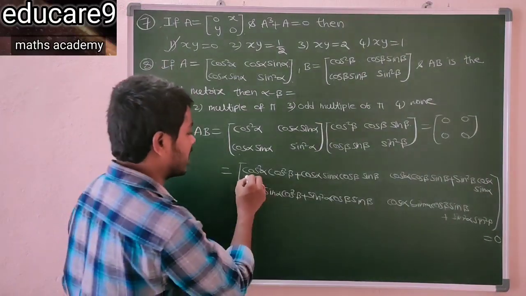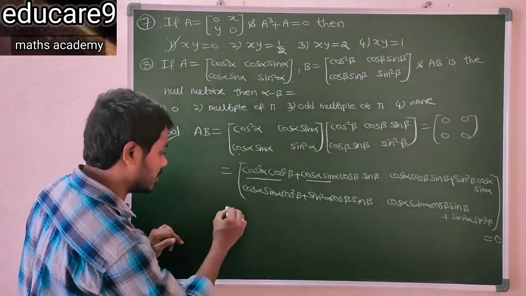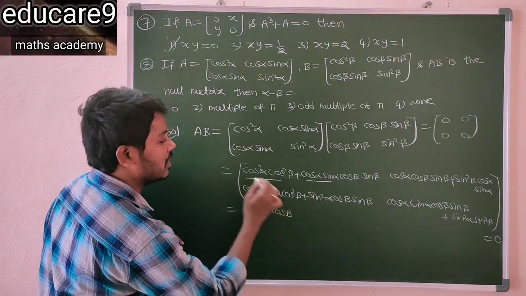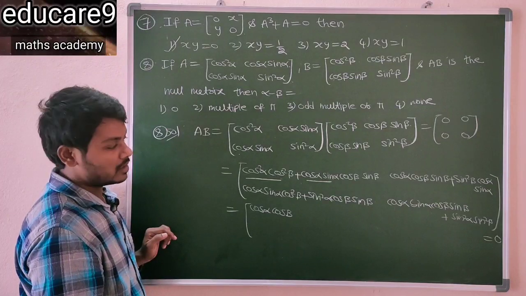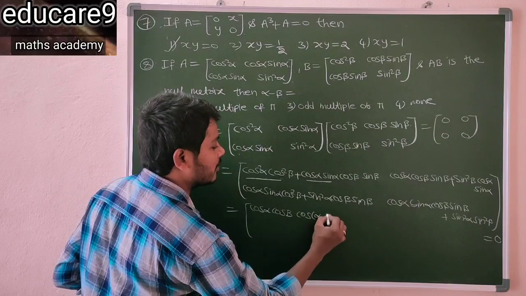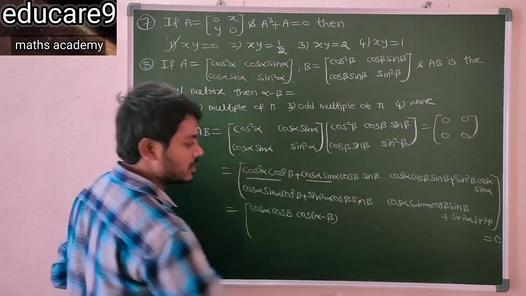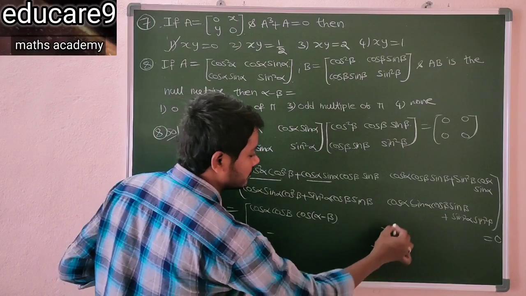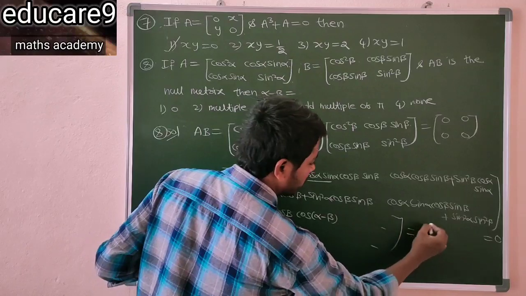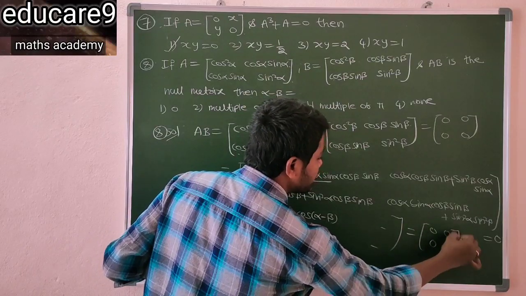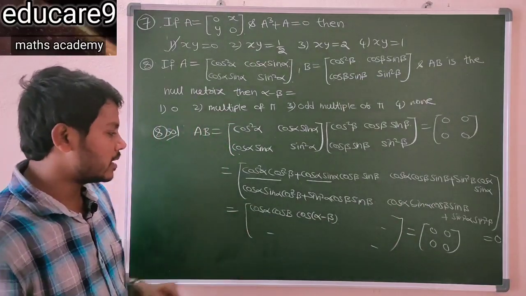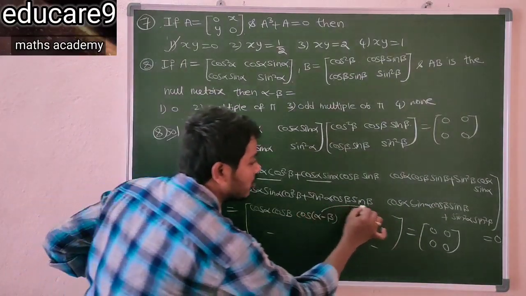Now clearly, in both terms cos alpha cos beta is common. So what you get? Cos A cos B plus sin A sin B. So that is cos of A minus B. So cos of alpha minus beta. And similarly this one, this one, this one. So now we need to find these three and equate to 0. Equating the corresponding elements, this is equal to 0.